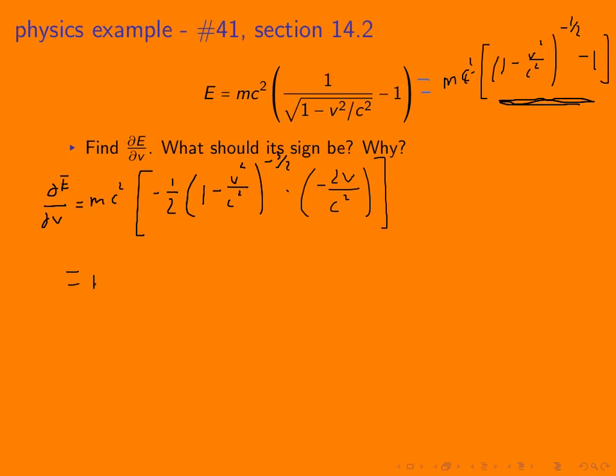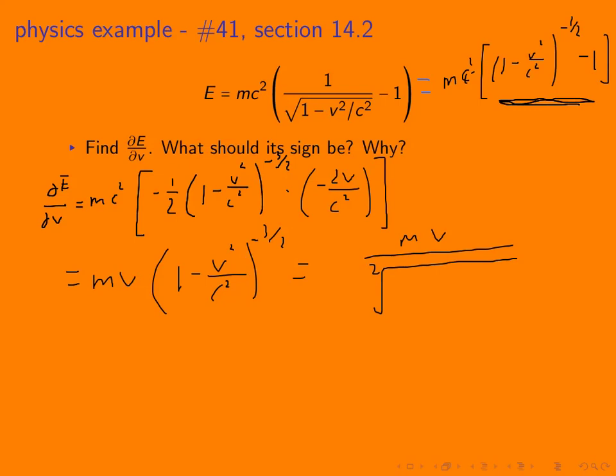There's still an m, and there's v, and then there's this term 1 minus v squared over c squared to the minus 3/2. And if it helps you, we could write it this way: m times v over the square root of that mess on the inside, 1 minus v squared over c squared, cubed.